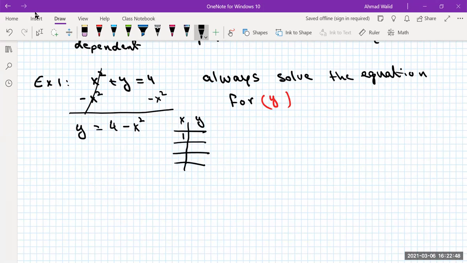I'll plug in a few numbers here. For example, if I plug in x equals 1, 1 squared is 1, 4 minus 1 gives me 3.